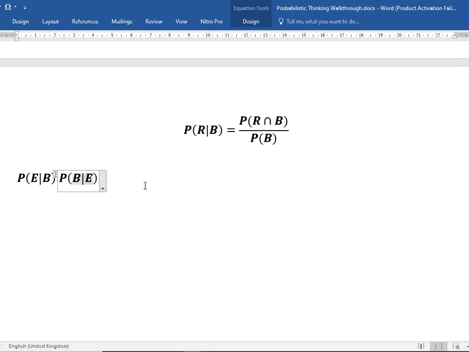I remember yesterday when I was answering the frequently asked questions on conditional probabilities, I told you that these two probabilities are not the same. You're trying to get the conditional probability of E here, and you're trying to get the conditional probability of B here. So you're calculating two different probabilities. So this guy is the reverse probability of this guy.